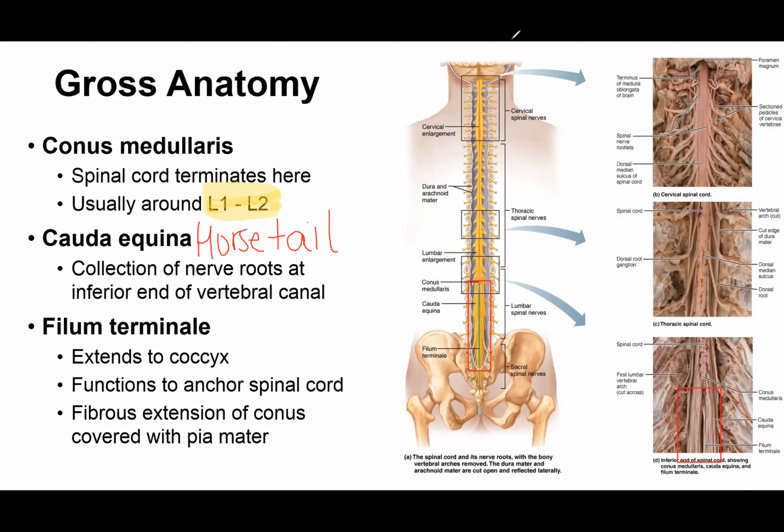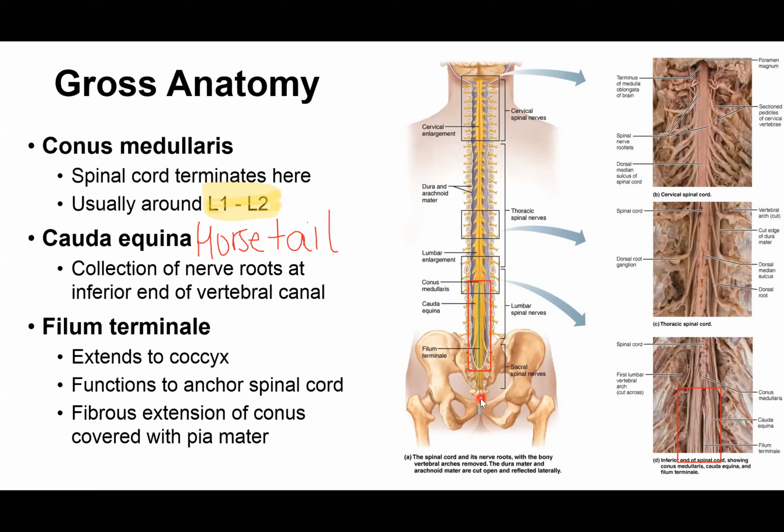So the final structure here that we'll talk about is the filum terminale. And in this picture, we see the filum terminale as green, but it's not actually green in the human body. They just made it green so that you can see it. It starts up here at the conus medullaris and travels all the way down to the coccyx, where it inserts onto the coccyx.